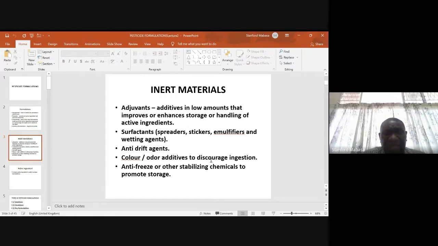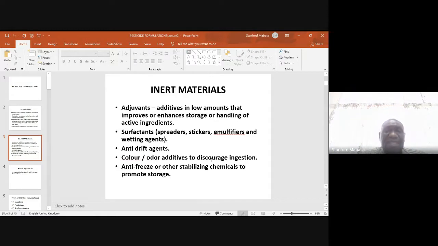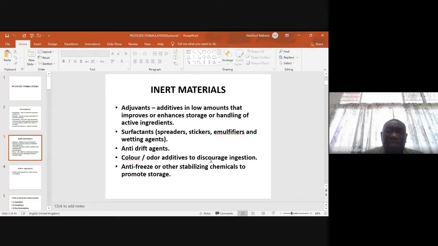You can also have some colors or odor additives, which can discourage people from eating this. So you put an odor to give a signal that this is a dangerous liquid.